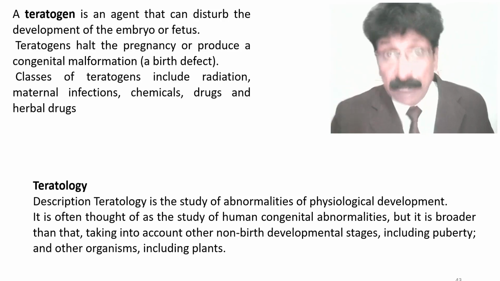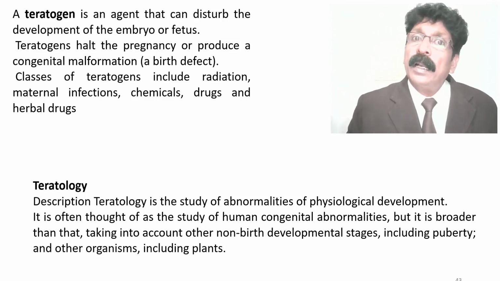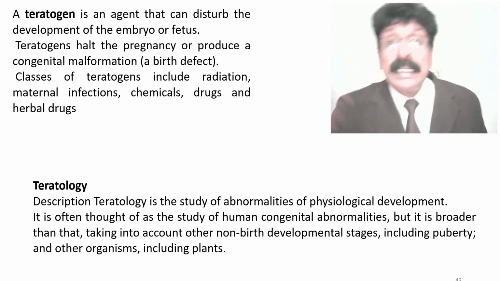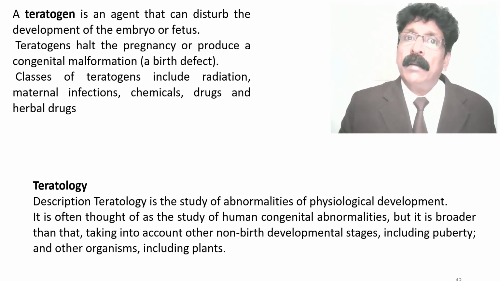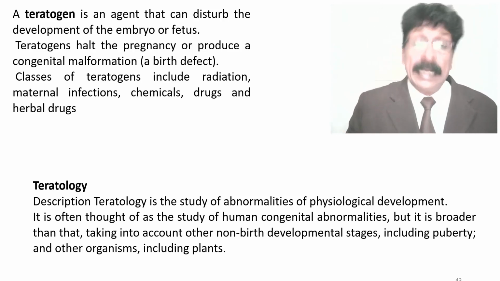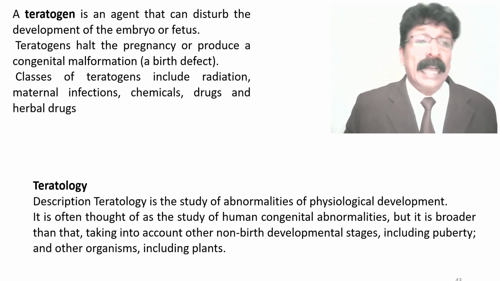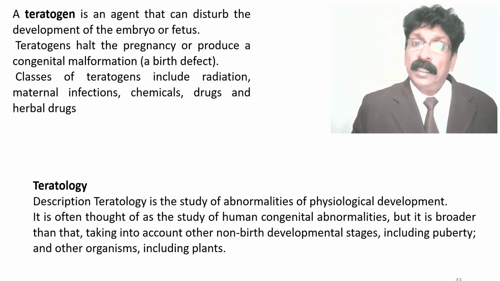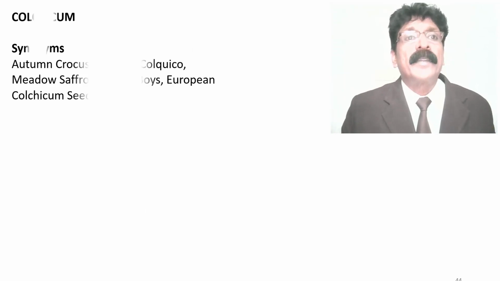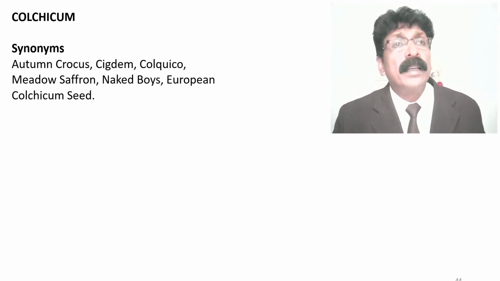After the birth, congenital problems, congenital deformities can be produced in babies, and in the development of adolescents, puberty may be affected, and other organisms. It can be seen including in plants. Colchicum is one example which we have taken.